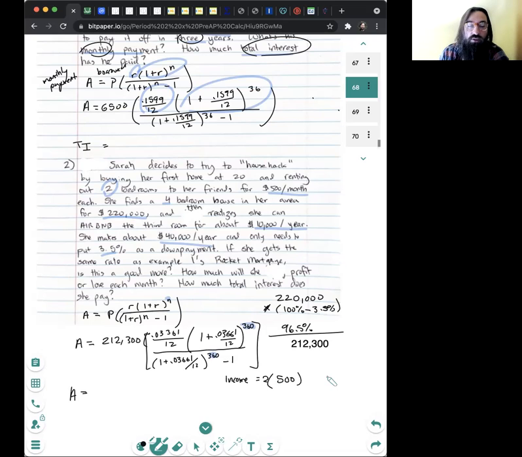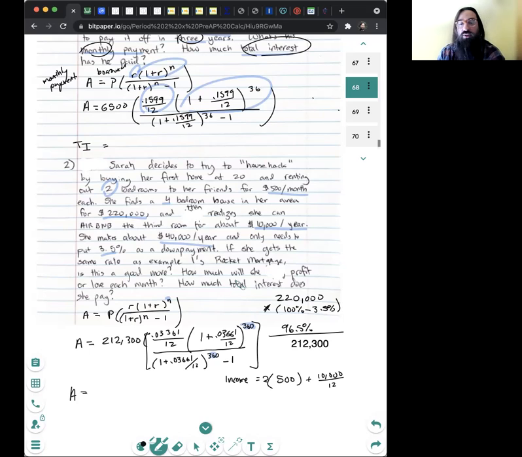That's 2 times 500. And then she's Airbnb-ing the third room. That's $10,000 per year. So if I divide it by 12, that tells me how much she's getting per month from that third room. So that is going to help us answer how much is she going to profit or lose each month.